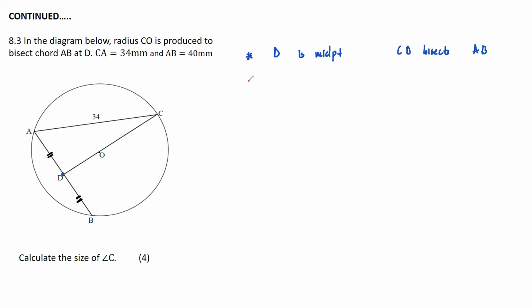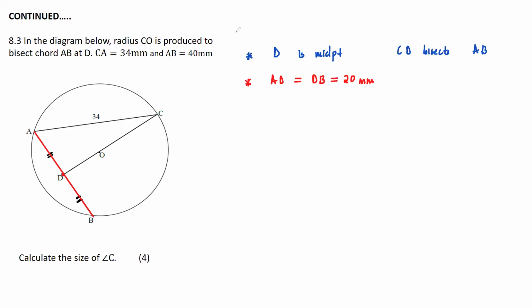It would mean then, if AB is 40, that AD is equal to DB because D is midpoint, and they will both be equal to 20 millimeters. Since the whole line AB is equal to 40, it means AD is 20 because D is a midpoint, and DB is also 20.